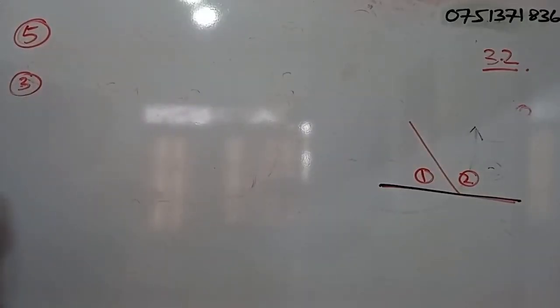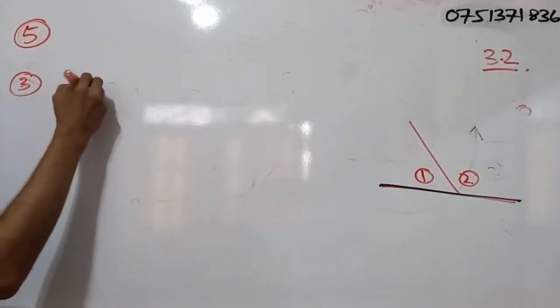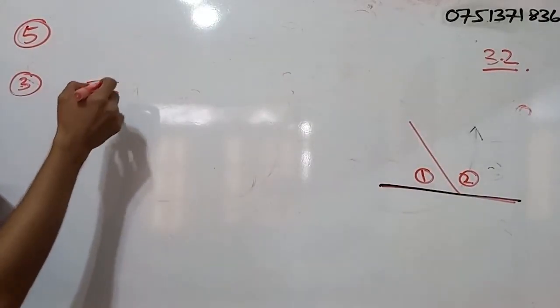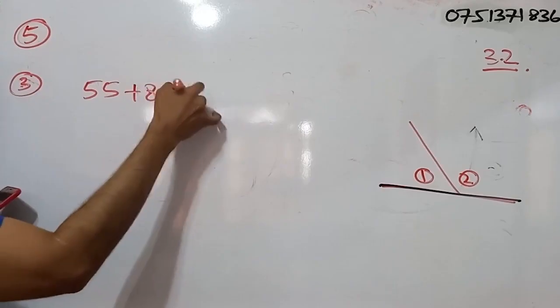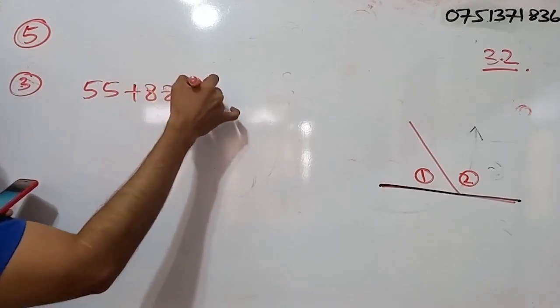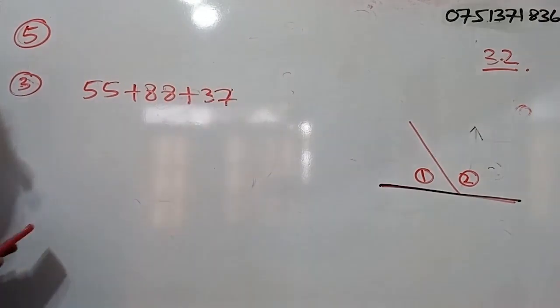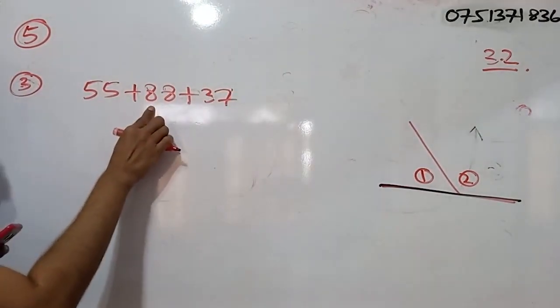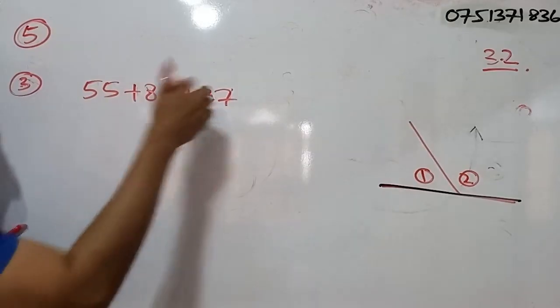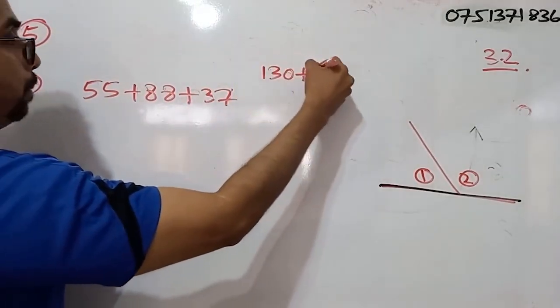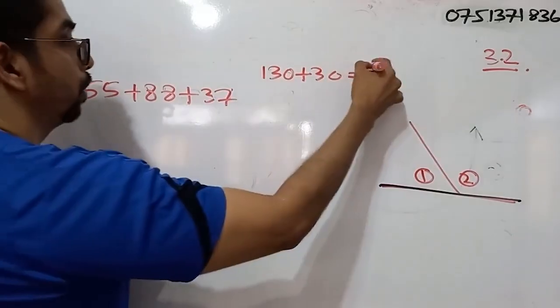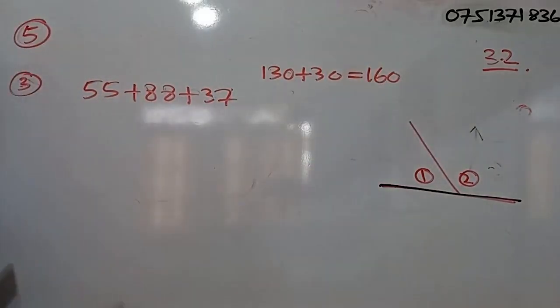Okay. Now there we have 3 angles. What is the sum when we add these together? So 50 plus 80, we know that is 130. 130 plus 30, that is 160.